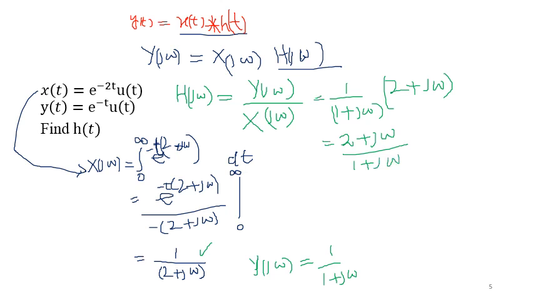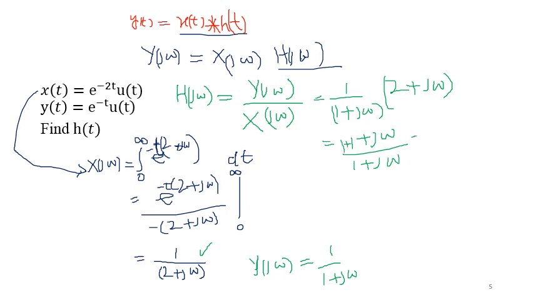To skip the partial fractions, I can just write it in a simpler form. I can also write it like this: 2 is basically 1 plus 1.